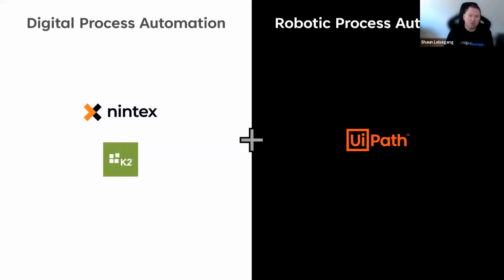But sometimes in the world of robotic process automation, we may need to loop human users into these conversations. And in those scenarios, we use two digital process automation platforms. One is called Nintex and the other is called K2. And both the K2 and Nintex platforms are, again, worldwide market leaders in the digital process automation space.